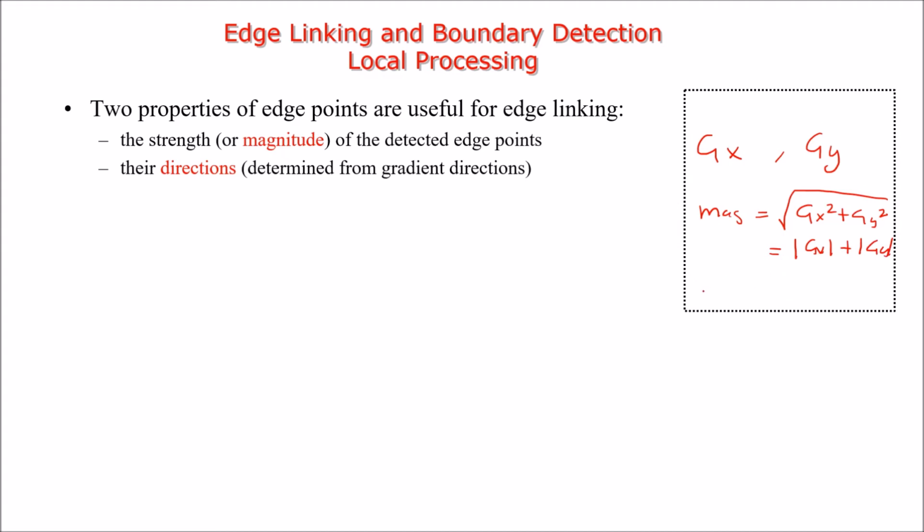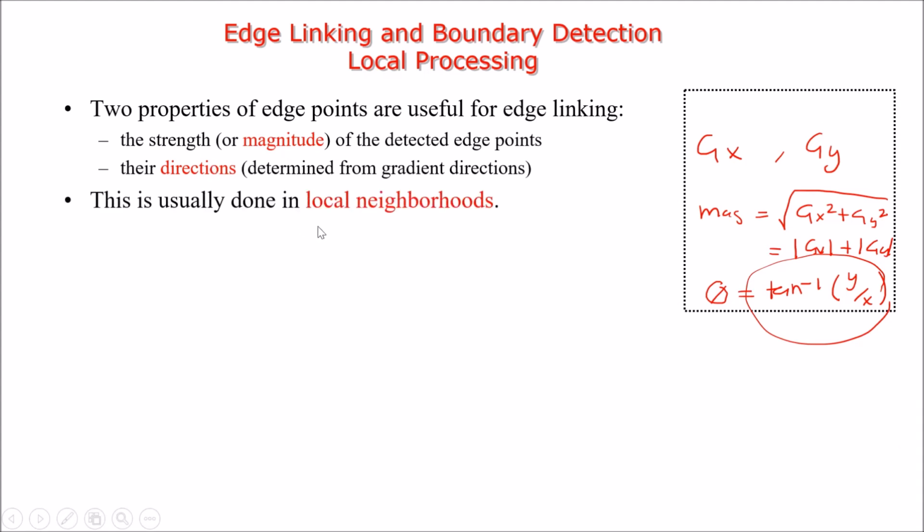However, for the direction, if you have the x and y values, you can determine the direction by using the arctan of y over x. So you can determine the direction for every edge by using this notation. So magnitude and the direction for the angle.